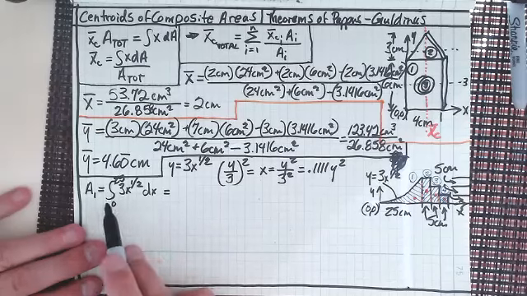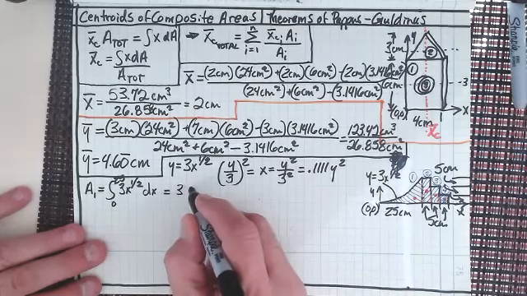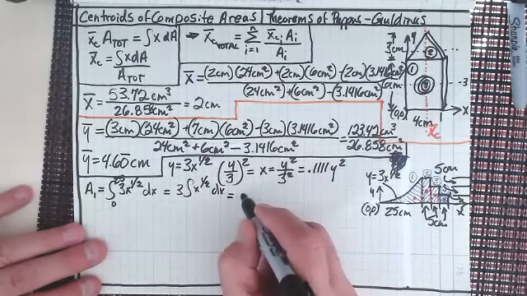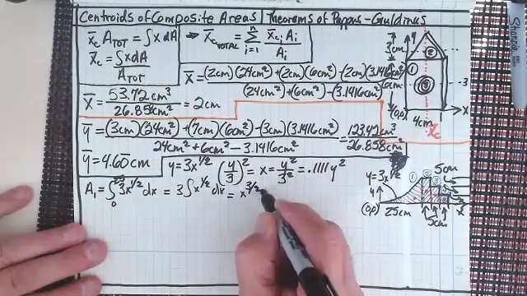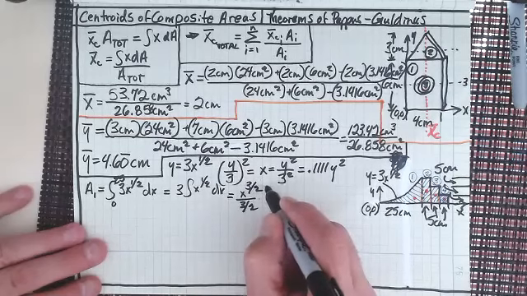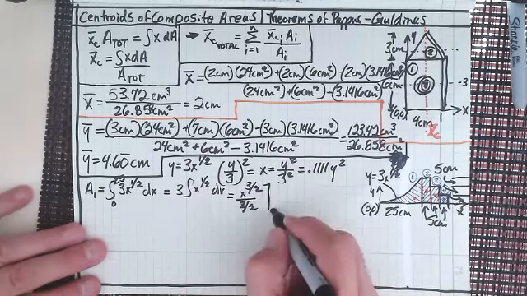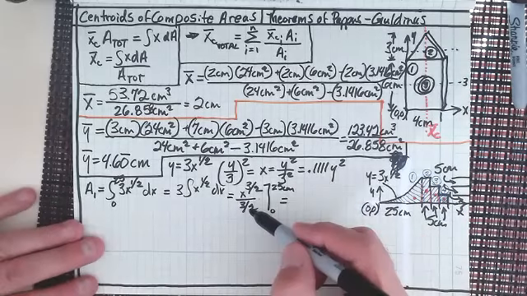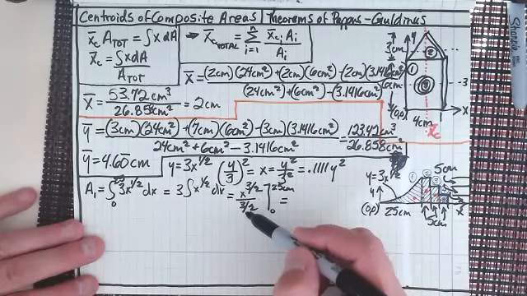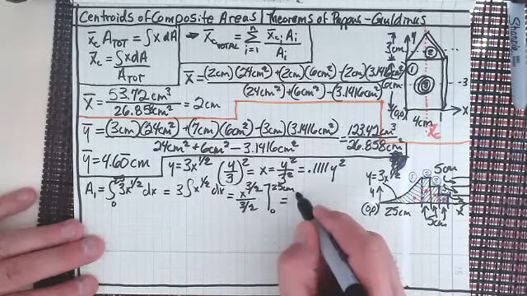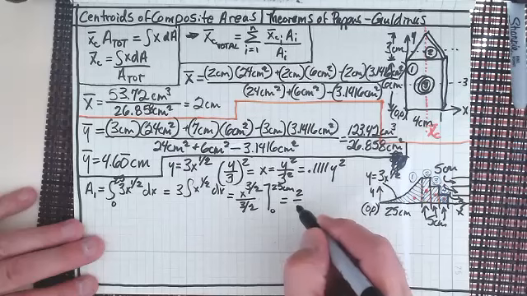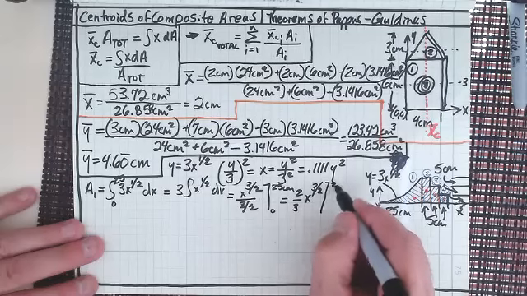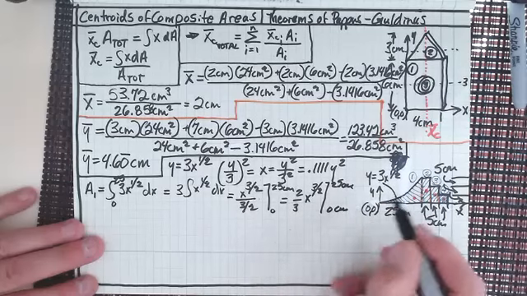So 3x to the 1/2, we can take the 3 out of there, and then it's just the integral of x to the 1/2 dx, and that's going to be x to the 3/2 divided by 3/2, evaluated between 0 and 25 centimeters. And that would give us our full thing. So x over 3/2 is going to be 2/3 times x to the 3/2, evaluated from 25 centimeters to 0 centimeters.